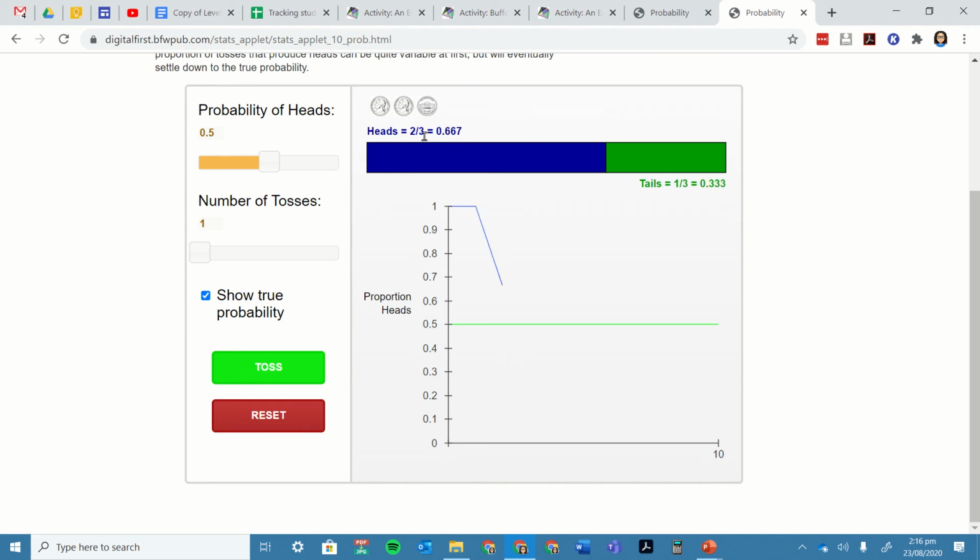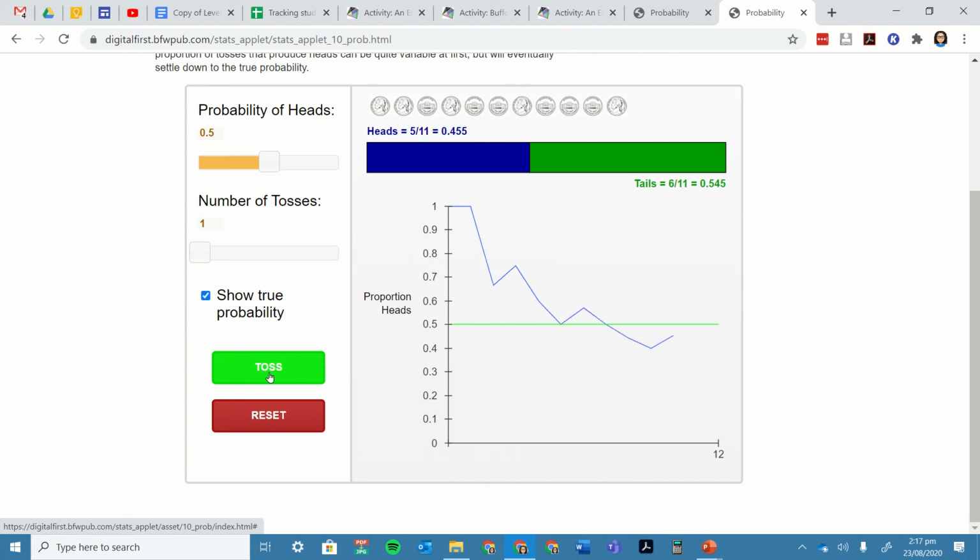Let's do a third one. Now this one was a tail, and I can see that now I've got 1 out of the 3 coins I've tossed as a tail. The fourth one was a head, so I've now got 3 heads and 1 tail. As I go on, notice what's happening to this line. Each time I toss a coin, it changes. That line was first above the green line, now it's gone below the green line.